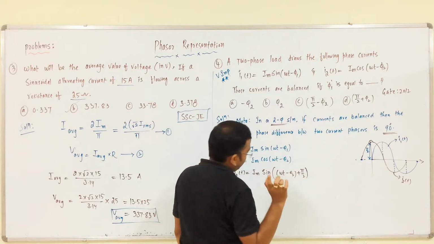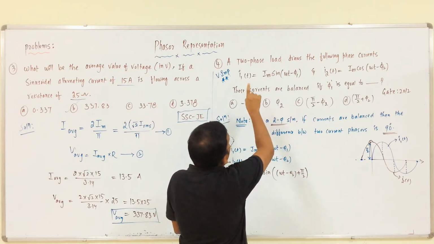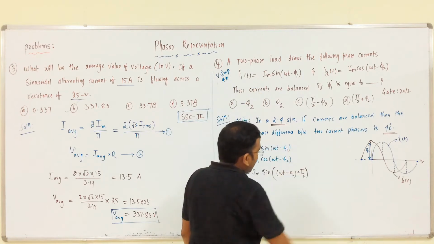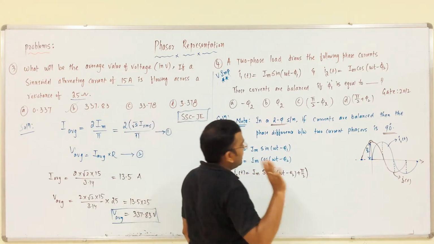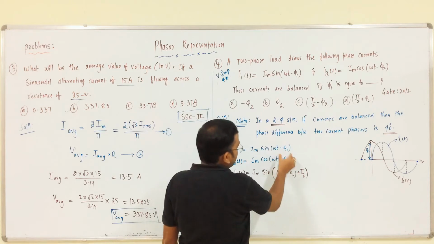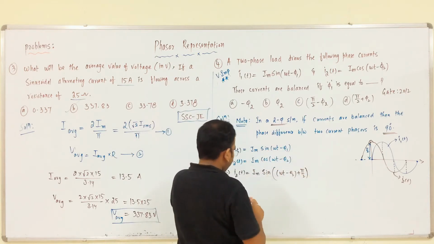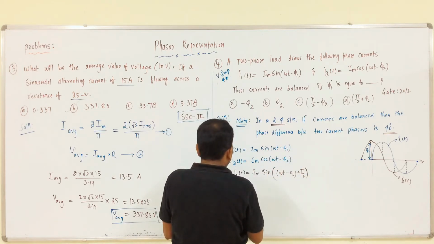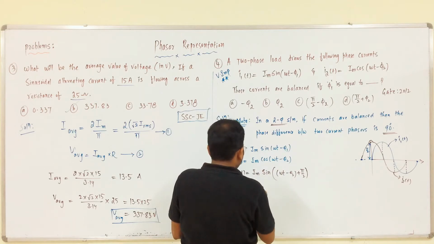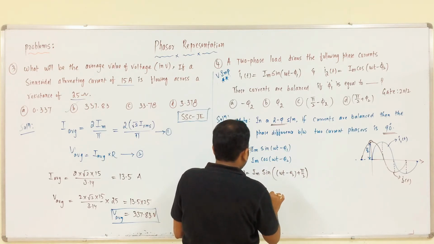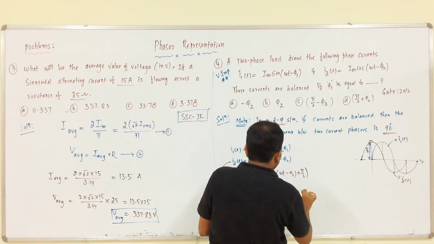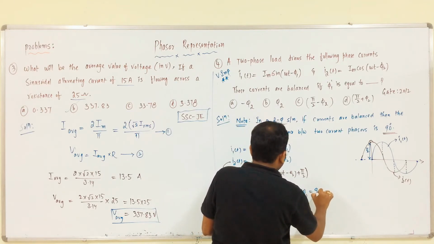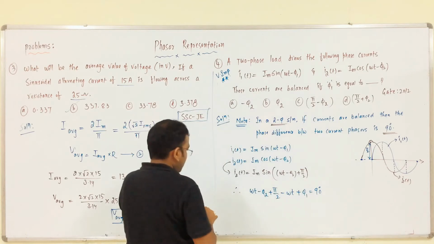Then in a two-phase system, if currents are balanced, the phase difference between two phasors is nothing but 90 degrees. Therefore, the phase difference between these two is 90 degrees. Therefore, omega t minus phi 2 plus pi by 2 minus omega t plus phi 1 is equal to 90 degrees.